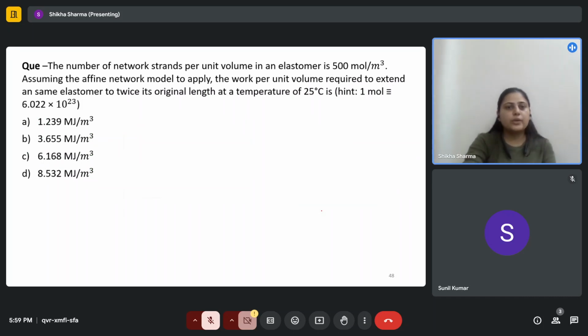So this next question is saying the number of network strands per unit volume in an elastomer is 500 mole per meter cube.